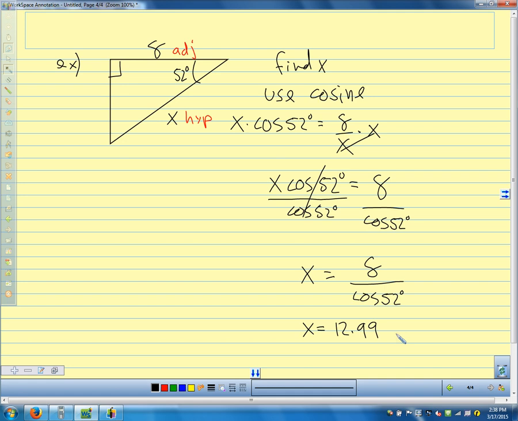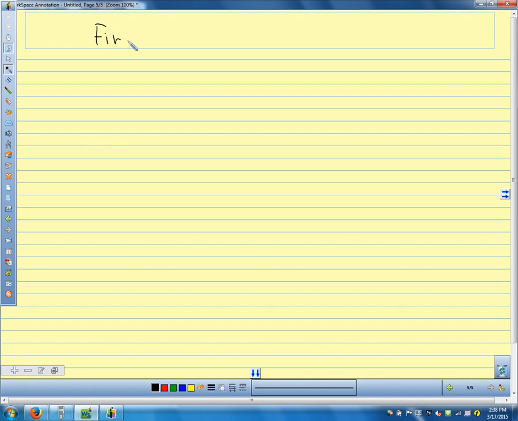All right, so on all of these examples we found missing sides. We can also find missing angles. It's the exact same process. There's nothing different. We just use a different button on our calculator.